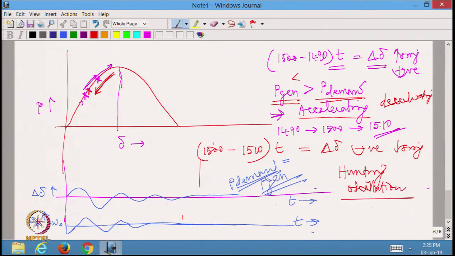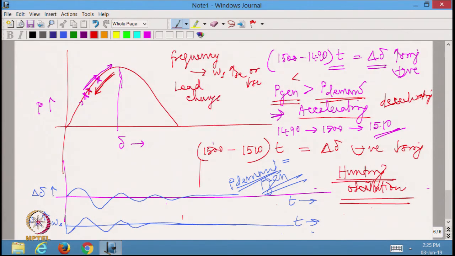Hunting is a very, very common phenomena that is seen in any synchronous machine if there is a variation in the frequency. So, if the frequency changes, I am going to have simultaneously omega s changing. This will also increase or decrease depending upon frequency change. Either frequency changes or load changes.